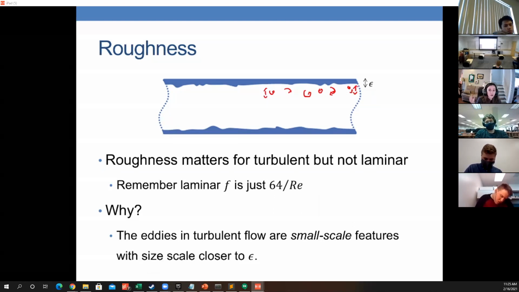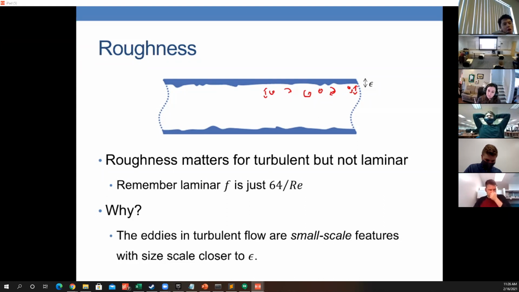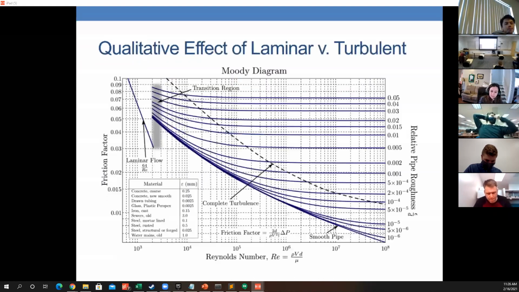It's on the order of 0.01 millimeters or something like that. And so the roughness is going to change turbulent flow and the turbulent velocity profile and all those things more than it does in laminar flow. Okay, that's just a way to remember why pipe roughness matters for turbulent flow but not for laminar flow.